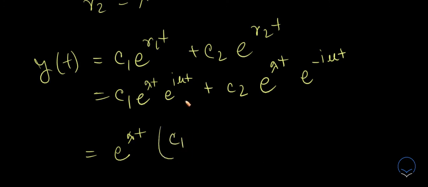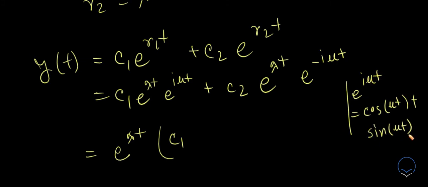You have c1. Now if you look at this e^(iμt), there is an identity, Euler's identity from your high school, that e^(ix) equals cos x + i sin x. Here instead of x we have μt, so this will be cos μt + i sin μt. So you have c1 cos μt plus c1 i sin μt.